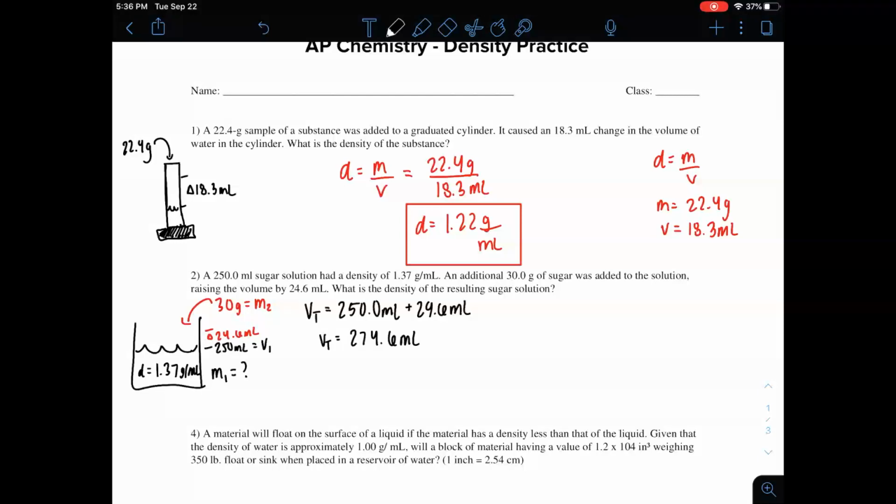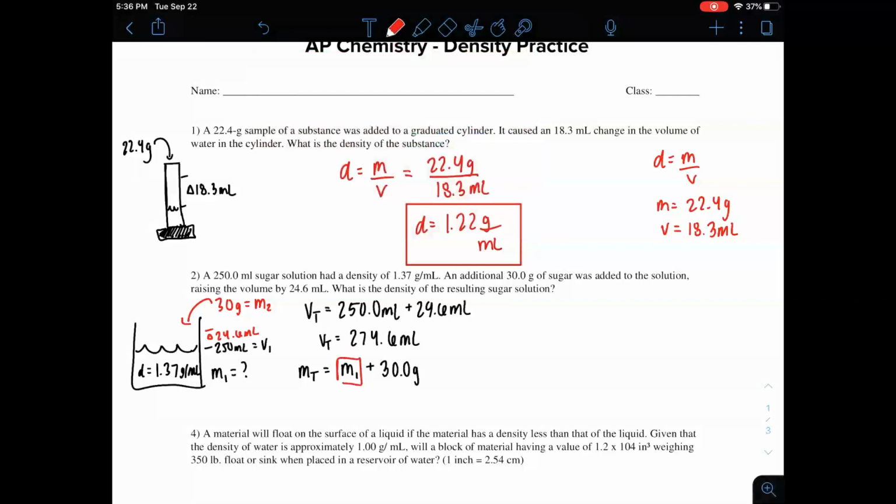Now, when we're looking for our mass total, we know what mass 2 is, but we don't know what mass 1 is. So mass 1 is still unknown to us, but we know that we're going to add an additional 30.0 grams of sugar. So before we can really do anything, we've got to solve for mass 1 here.